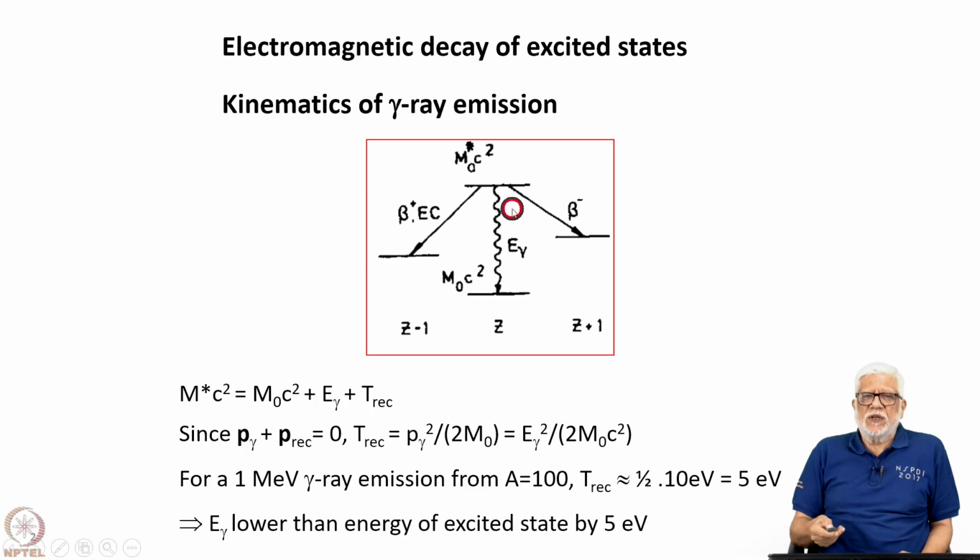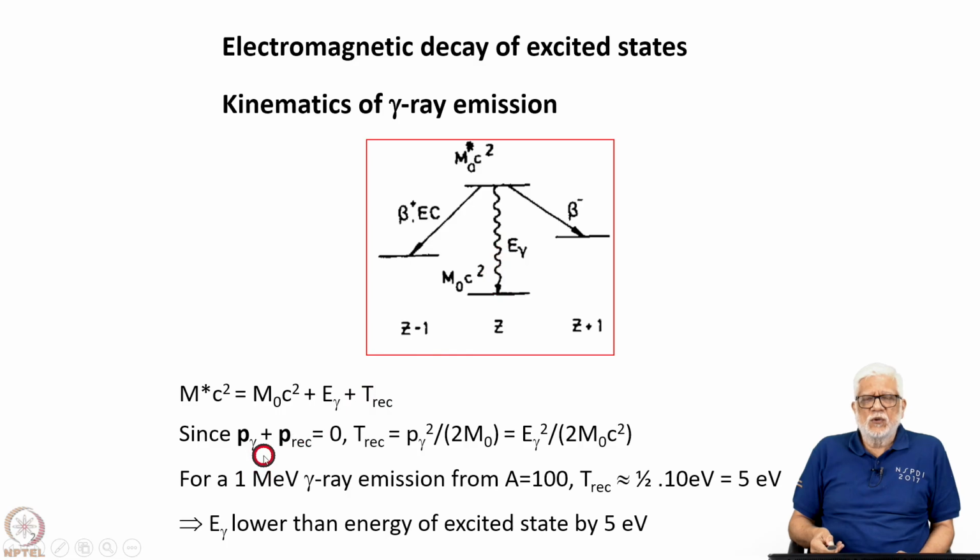Let us neglect the beta decays for the time being and only look at the photon decay. Then m star c squared is equal to m0 c squared plus E gamma, the energy of the photon resulting from the decay, but also a very tiny amount which corresponds to the recoil energy of the daughter nucleus.